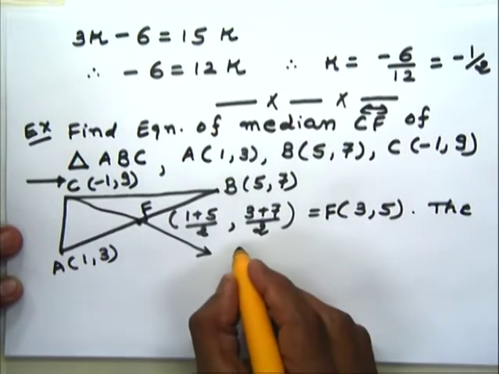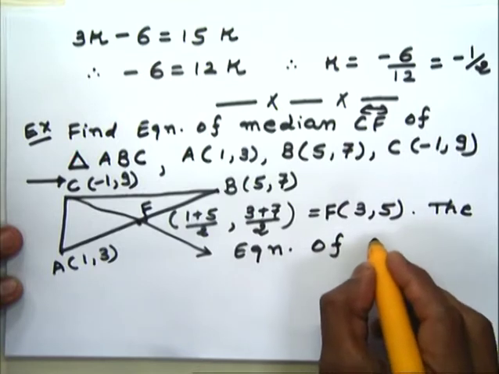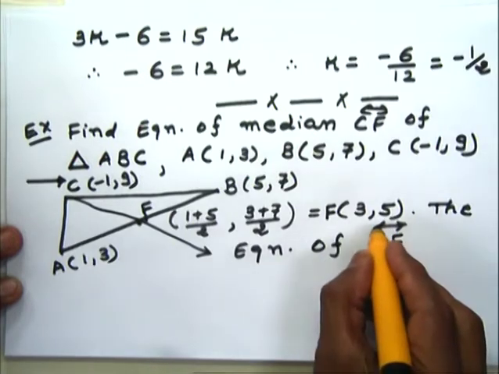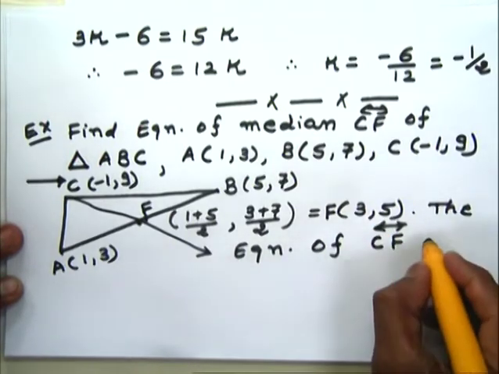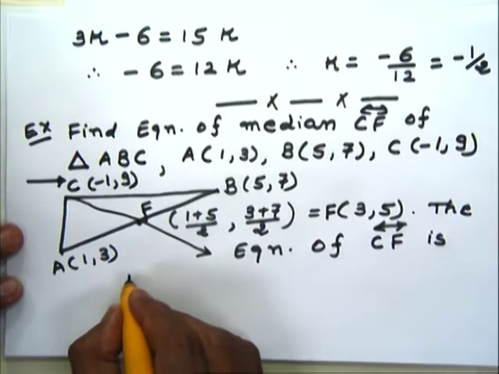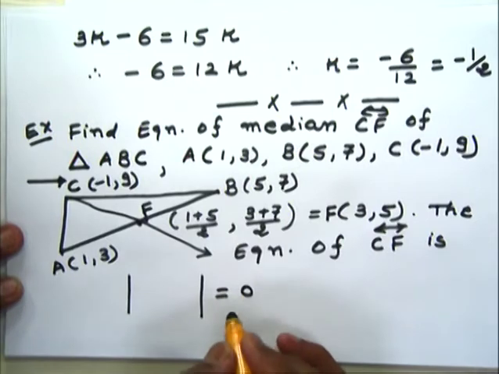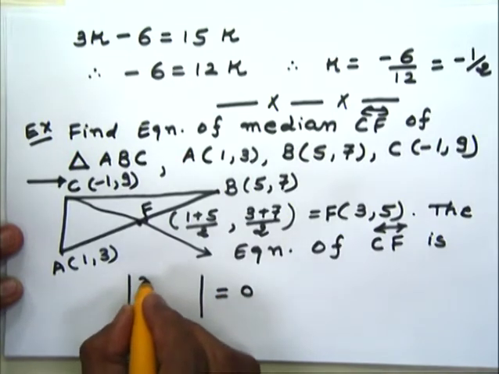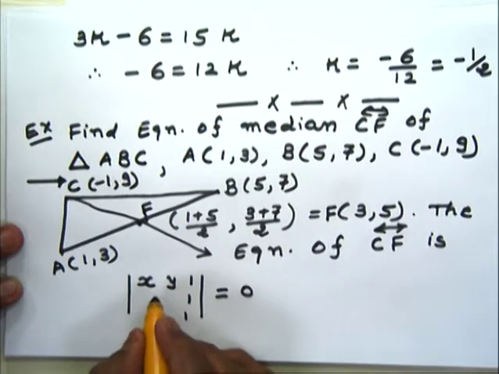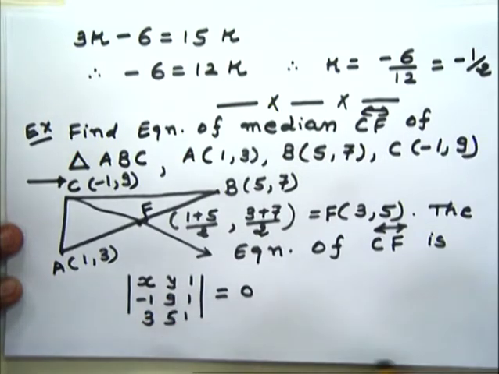The equation of line CF, which is nothing but the median, madhyagaj, it is a line through 2 points. So let us use the idea of 2 points: determinant of X, Y, 1; 1, 1, 1; -1, 9, 3, 5 equal to 0.